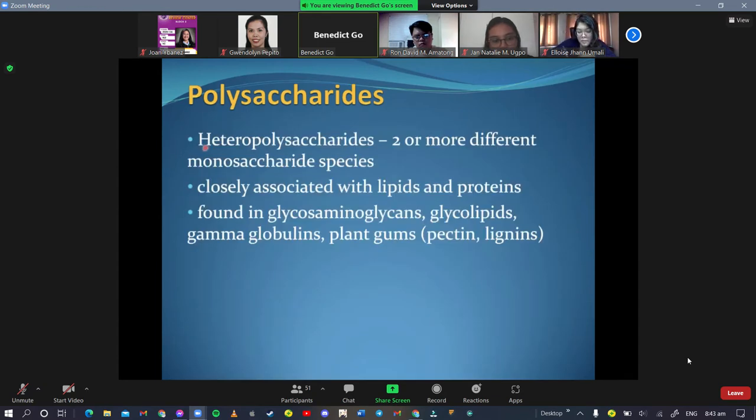Now, aside from homopolysaccharides, you also have heteropolysaccharides, wherein you find two or more different monosaccharide species. They are closely associated with lipids and proteins, and they are found in glycosaminoglycans, glycolipids, gamma globulins, plant gums such as pectin and lignins.